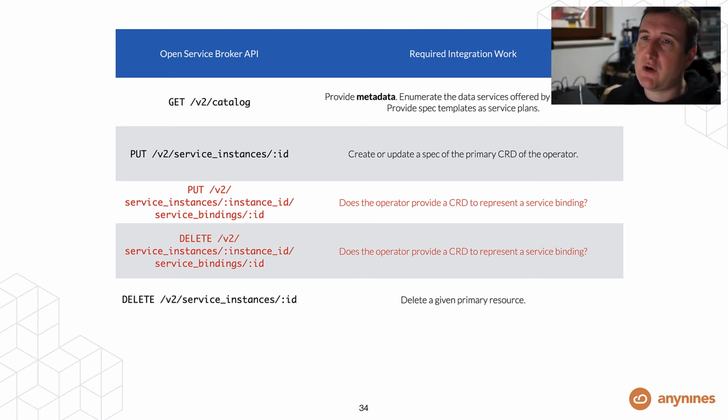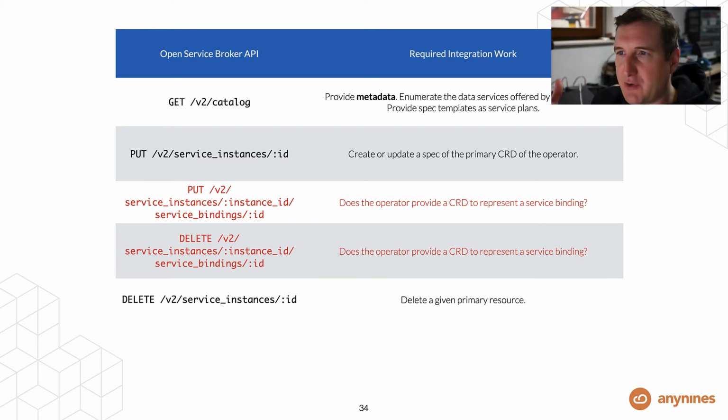So if you look into how to get the metadata from the Service Broker API, like the catalog, which would enumerate the services that are offered by the broker, as well as the service plans, you could provide in a Service Broker implementation that based on the custom resource definitions that come with your operator. For example, this could enumerate configuration options offered by the Postgres instances the operator will allow you to create.